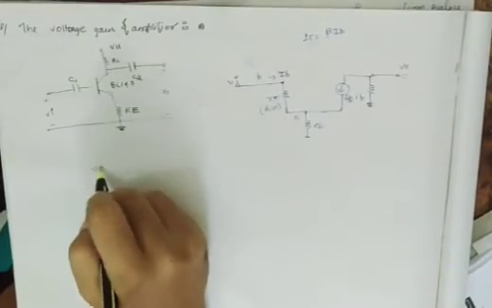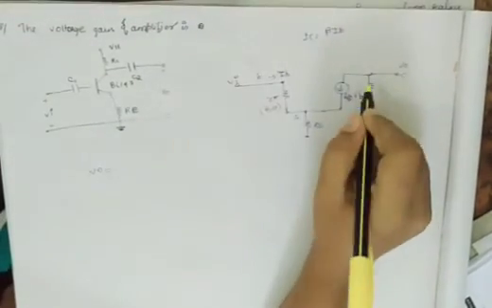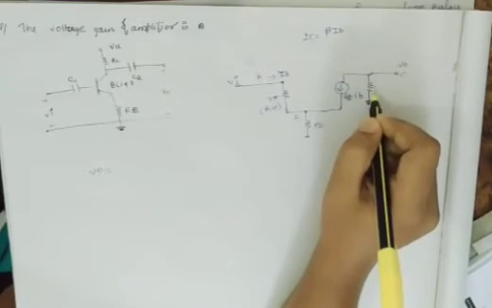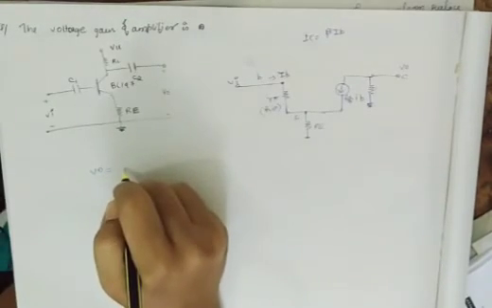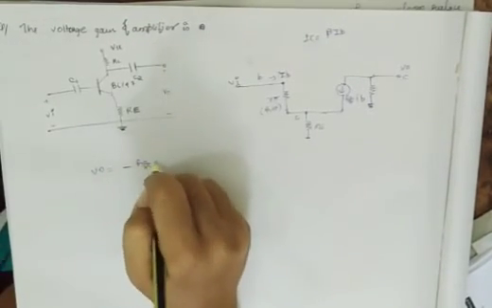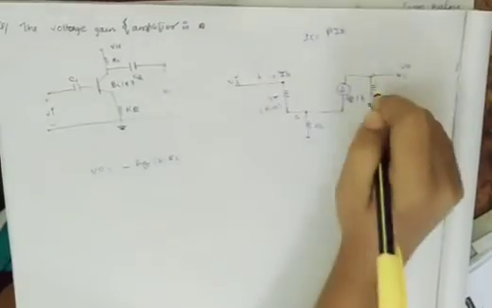Now V0 equal to minus HFE into IB into RC, right?